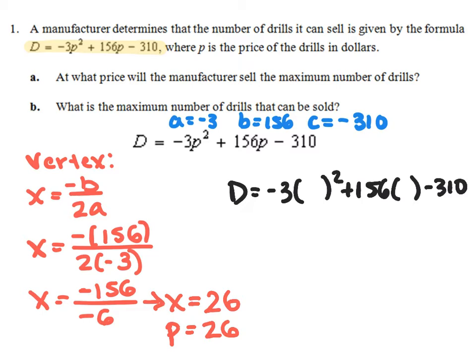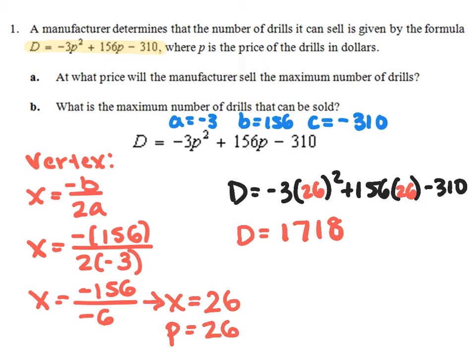So if I substitute the 26, you'll get that d equals $1,718.